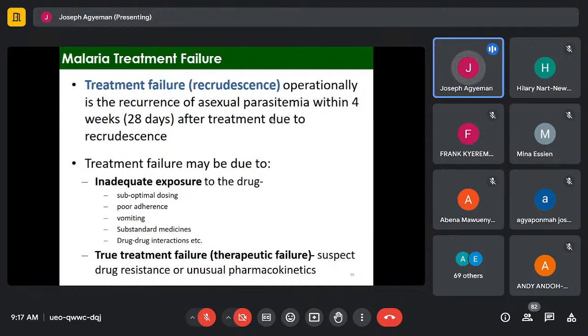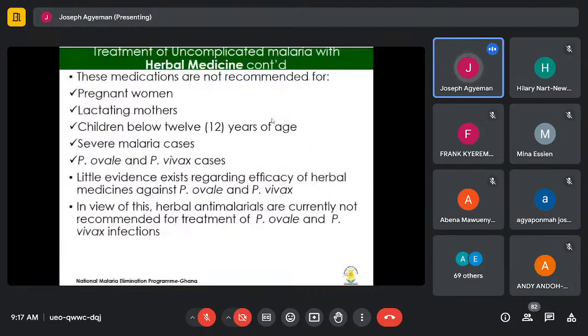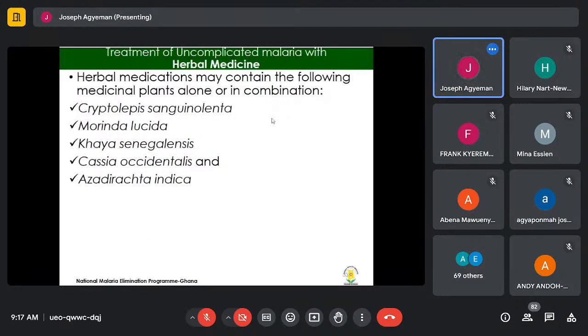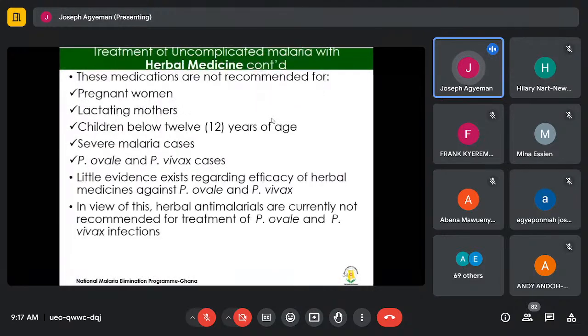In addition to the ACTs in pregnancy, a combination of quinine and clindamycin is also recommended. Then later on we realized that currently anti-malarials from this group, provided it contains any of these, is also recommended. But there are some contraindications. We discussed all those ones.